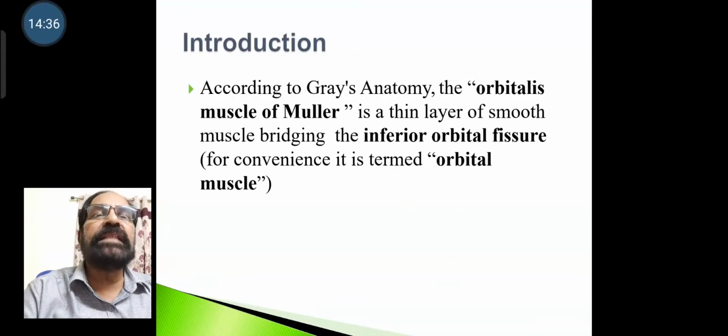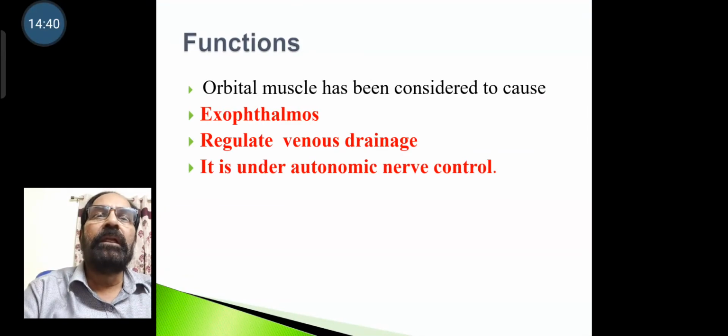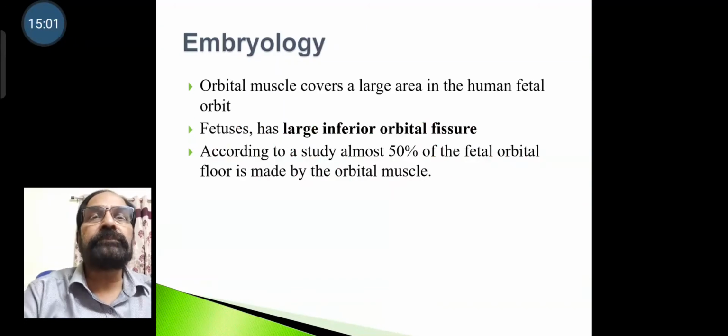So for convenience sake, it is termed as orbital muscle. Functions. Orbital muscle has been considered to cause exophthalmos, as occurs in thyrotoxicosis or hyperthyroidism. It also regulates venous drainage of the orbit, and it is under autonomic nerve control.